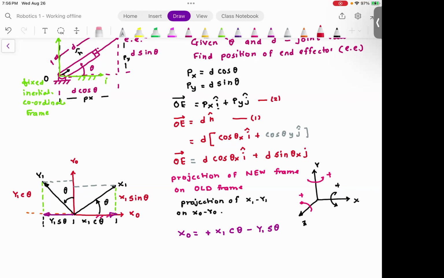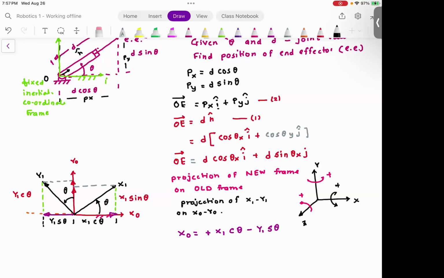In both the cases, I want you to observe that both the projections are aligned to positive y0. Once again, the projection of y1 onto y0 is positive. It would be y1 cosine theta.